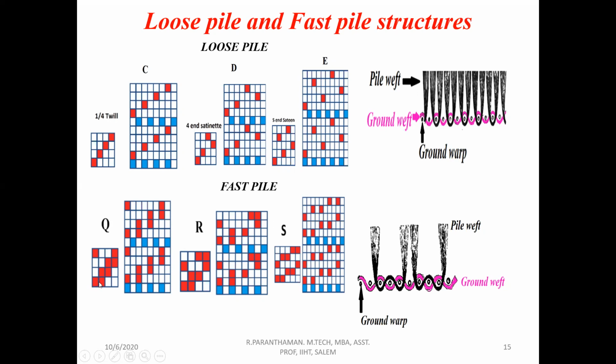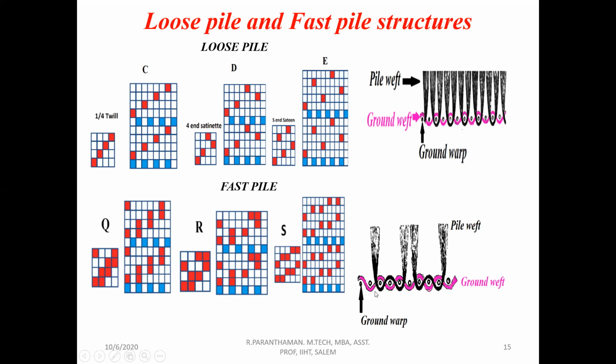See here, this is the same one up, three down twill, but here we are introducing further anchorage by adding an interlacement. Here it is the same, one up, one down, but here we are increasing anchorage by one more interlacement. See the thread interlacement diagram.